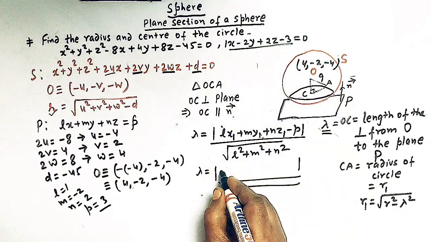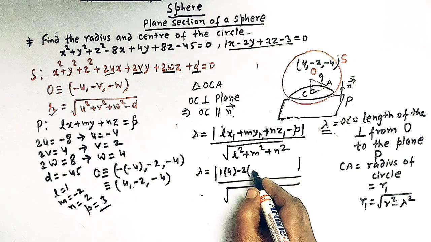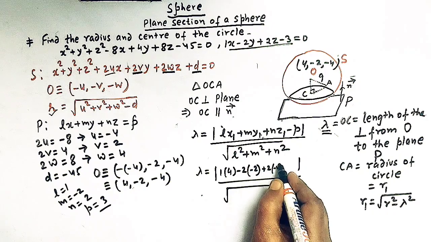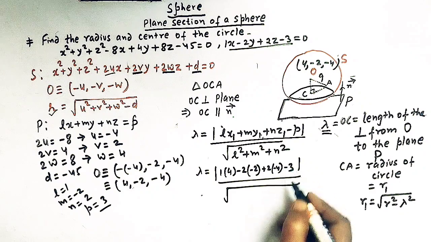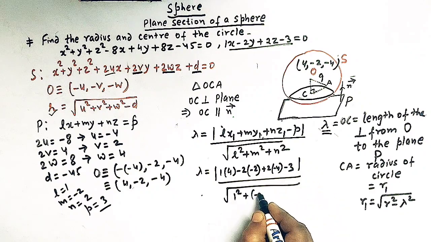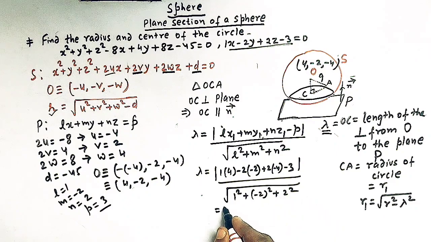Okay, so now we substitute this coordinate in this equation. So we have 1 times 4, then minus 2 times minus 2, then 2 times minus 4, and minus 3, over square root of 1 square plus minus 2 square plus 2 square. Let us simplify it.